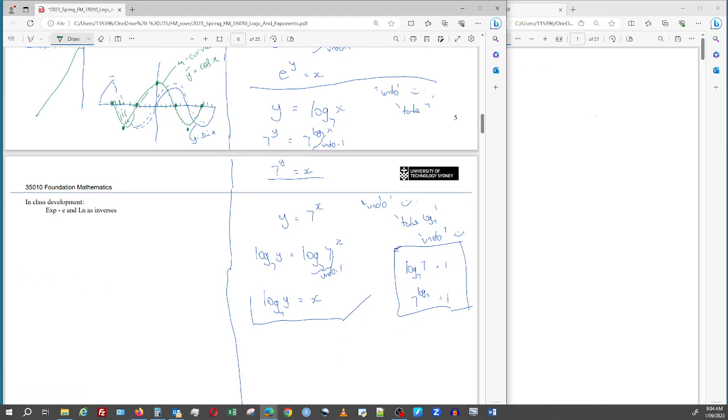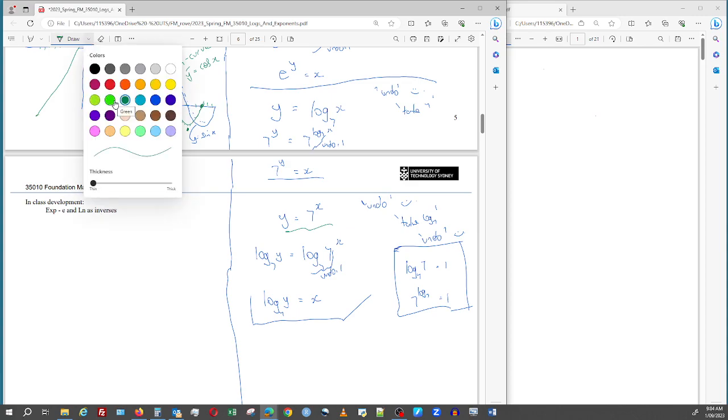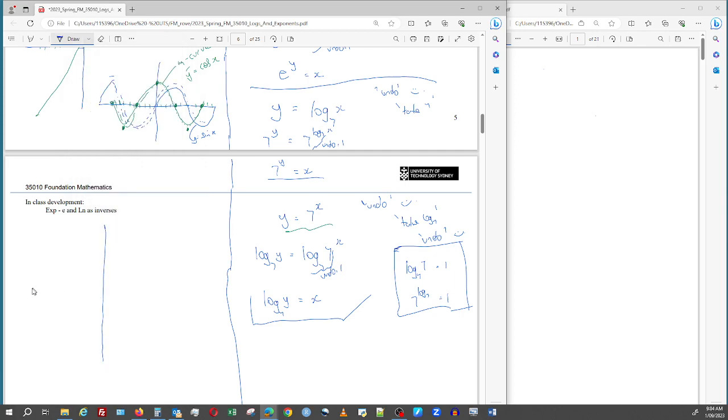So what did they do? Well, let's try a few different exponential curves and see what they look like. And I'm going to wrap this video up shortly. Let's say we superimpose some. So y equals 3 to the x will be a little bit steeper.